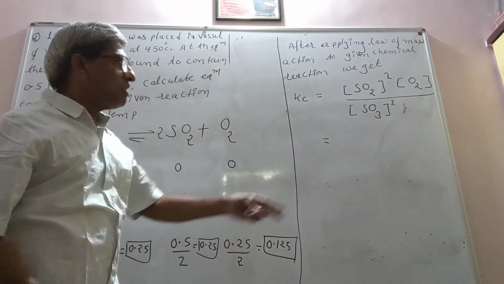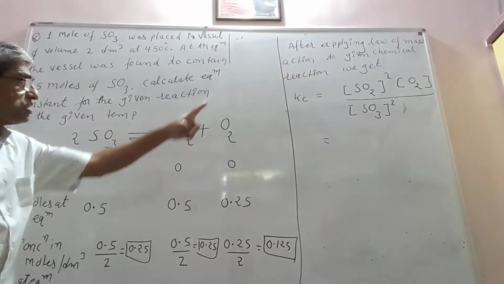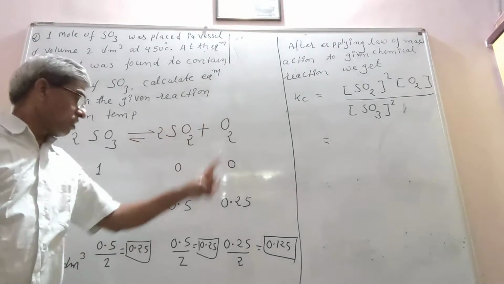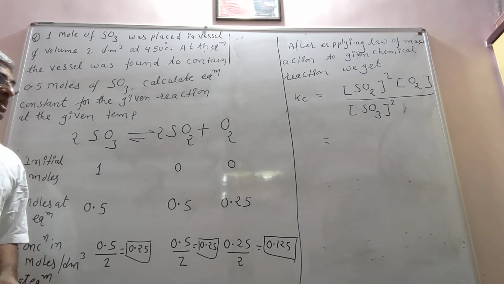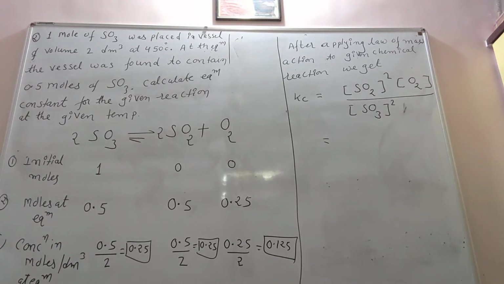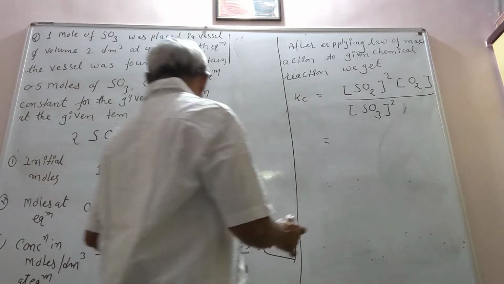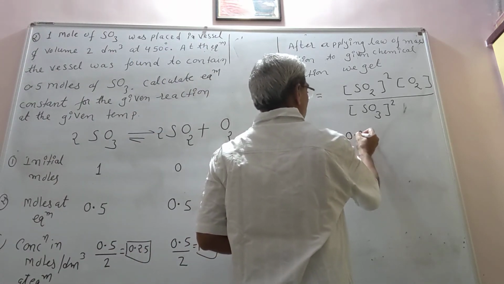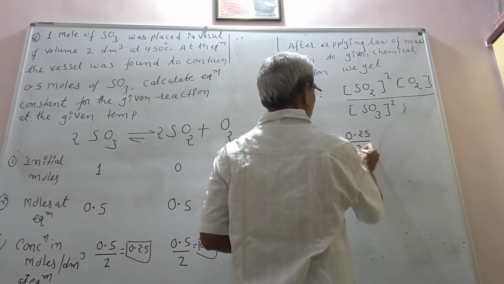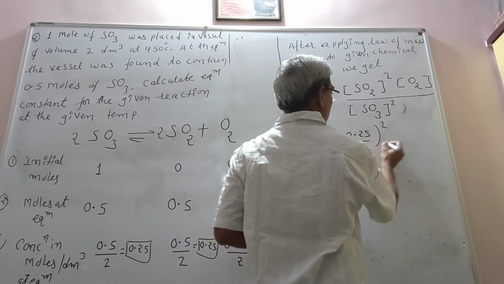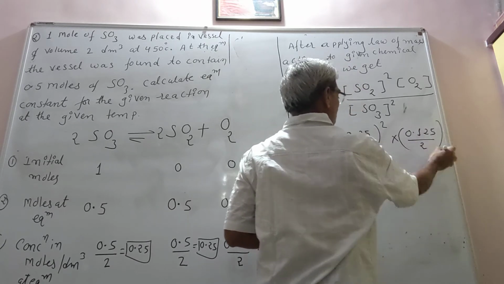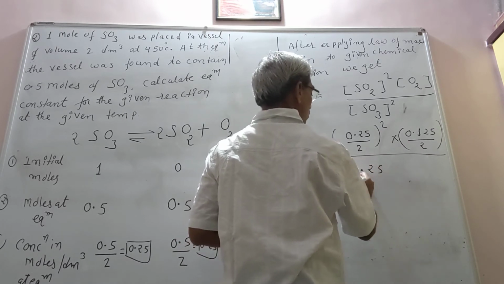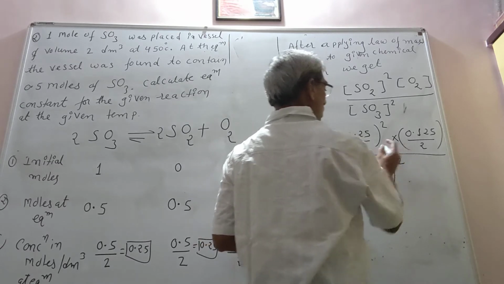Now we have the values of these concentrations. We know the concentration of SO2 is 0.25 upon 2, the concentration of O2 is 0.125 upon 2, and of SO3 is 0.25 upon 2. Substituting these values in that equation, we get 0.25 upon 2 whole raised to 2, into 0.125 upon 2, whole upon 0.25 upon 2 whole raised to 2.